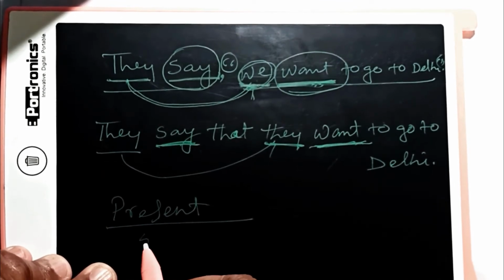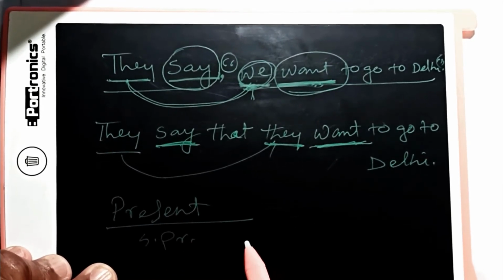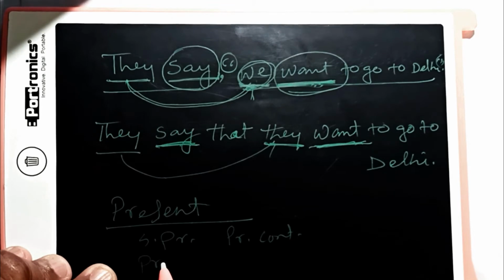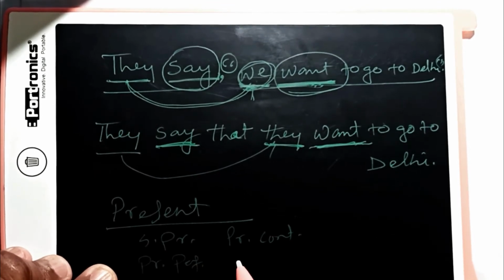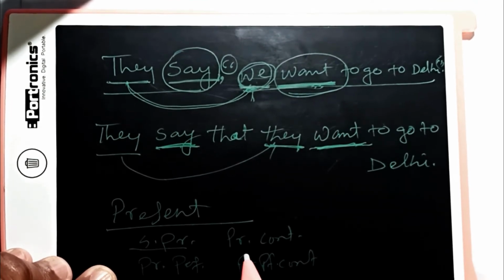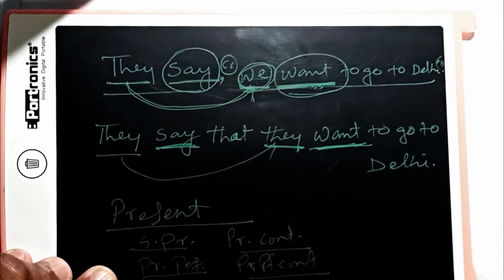It may be simple present, it may be present continuous, it may be present perfect, it may be present perfect continuous. So any present tense means present.